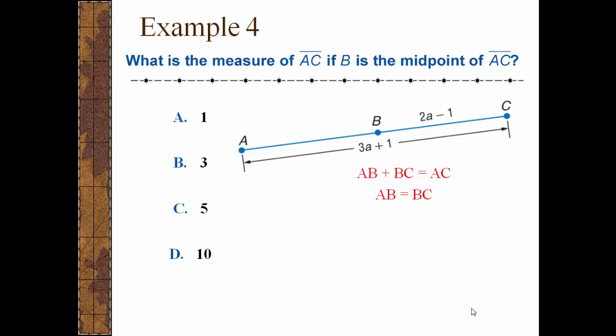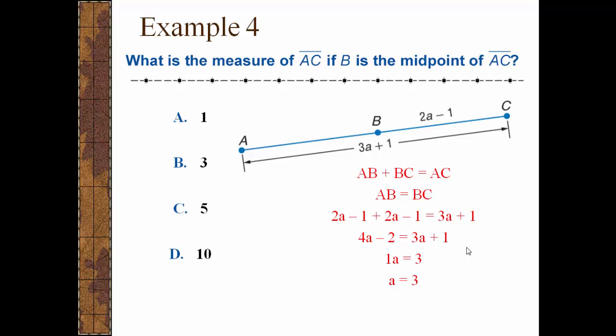Since I know that, I'm going to plug in all the information into my betweenness of points formula. So I know AB is 2a minus 1 because it's the same as this one. I know that BC is 2a minus 1, and I know that the whole thing AC is going to be 3a plus 1. Now I just need to solve the equation by combining like terms, getting all my variables to one side and my numbers to the other side, and you find that a is equal to 3.